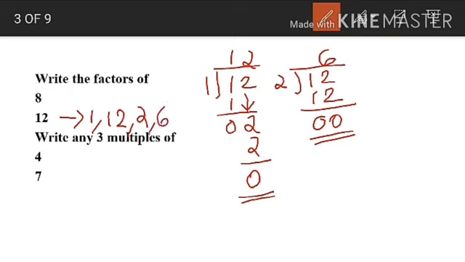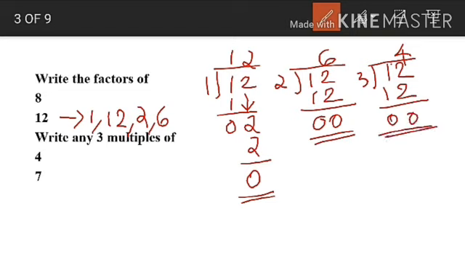Now let's divide 12 by 3. 3 into 4 gives 12. So 12 minus 12 is 0. That means 3 and 4 are also the factors of 12. So 1, 12, 2, 6, 3 and 4 are the factors of 12.